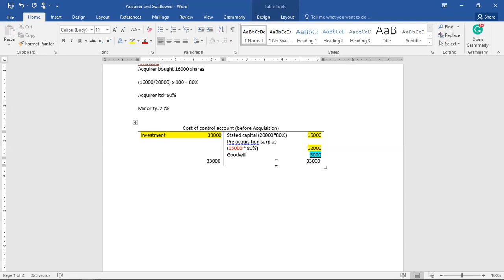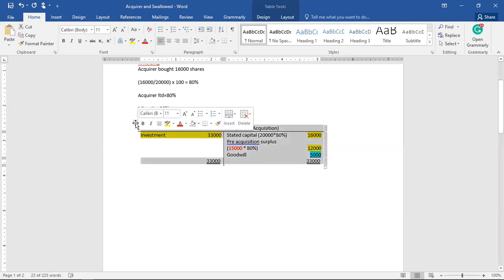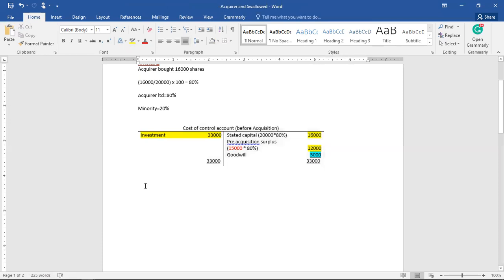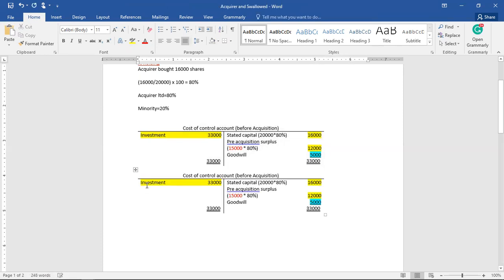I now understand why a lot of people are calling me today in connection with this particular information. But you see, in class, we told you that the cost of control account is used to determine goodwill or capital surplus on acquisition. The cost of control account is not called goodwill account.